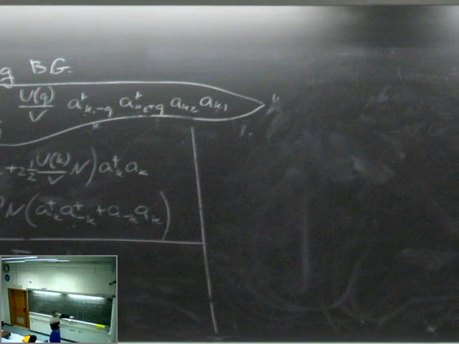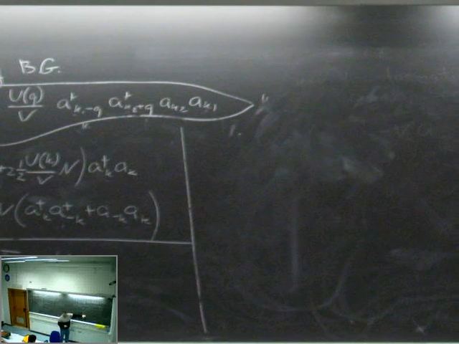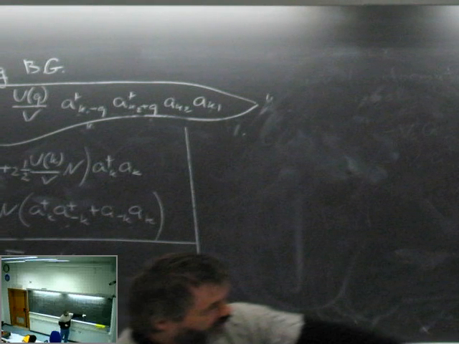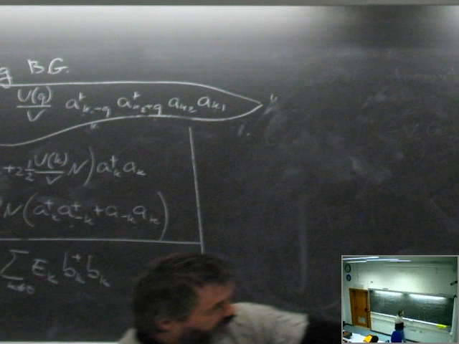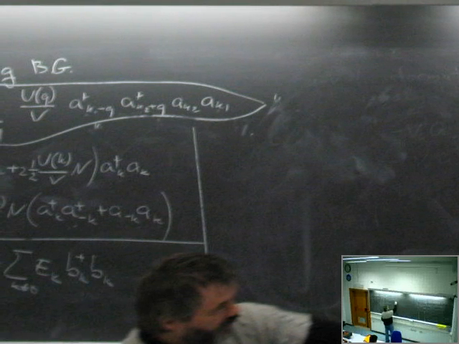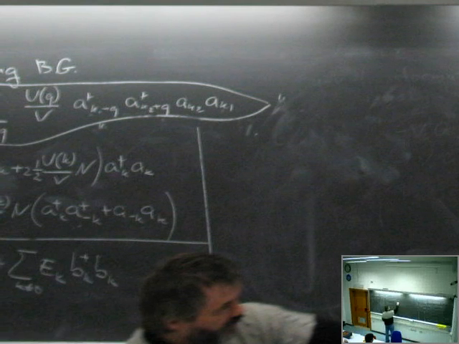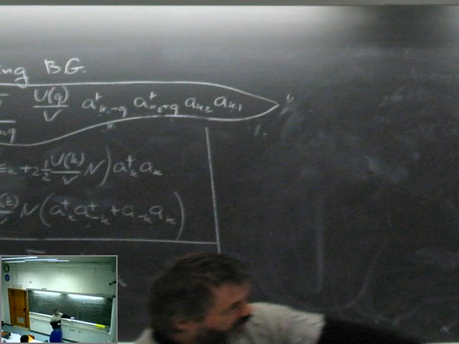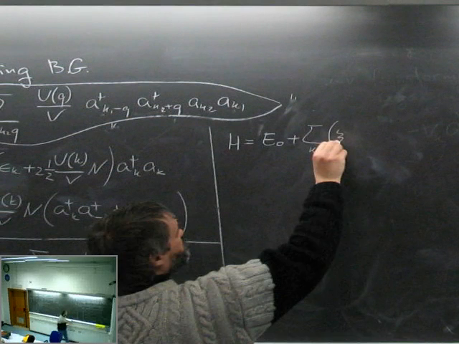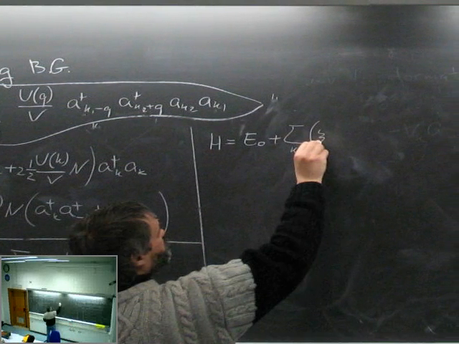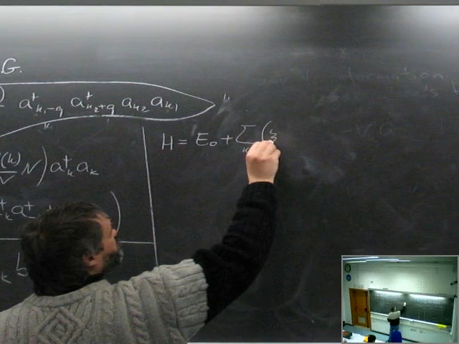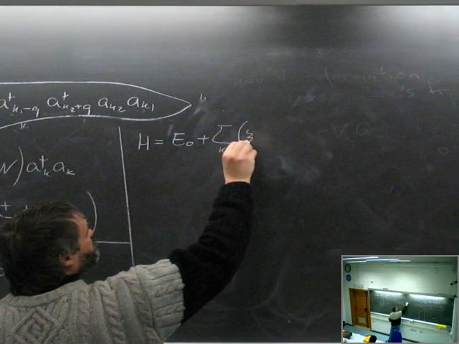Now I use the commutation relations for B minus K and express BK dagger as BK dagger B minus K, and write my Hamiltonian as E node plus sum over K. When I put 1, this term remains, so this is psi K VK square plus 2 times beta K UK VK.